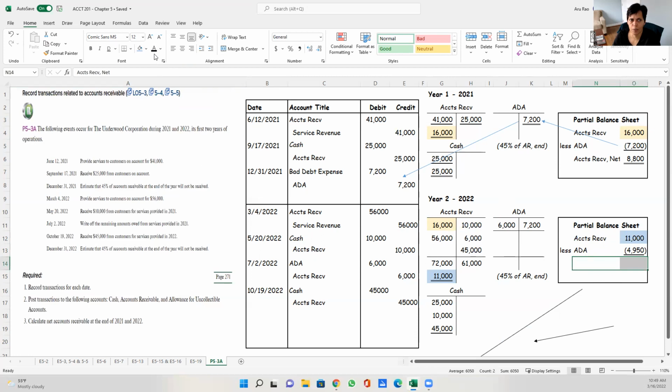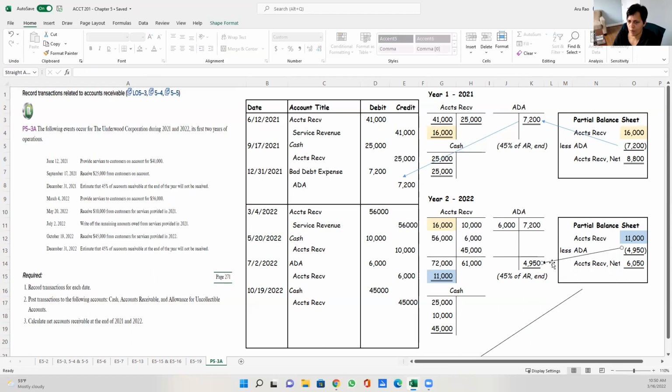And my net receivables, therefore, will be 6,050. So let me first worry about this number. This number should be 4,950. That's what I want my allowance for doubtful account ending balance to be. So I know what the ending balance should be. Okay, so that's where I'm getting that number from.